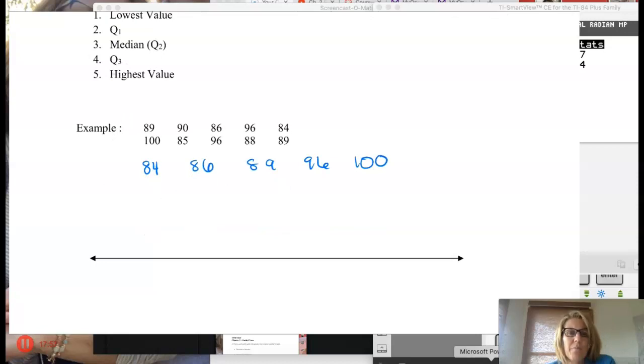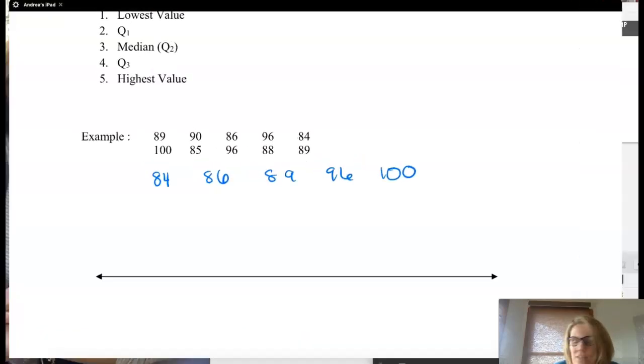So the way we do a box and whisker plot is we have to have a scale. Make sure you have a number line that goes for the range of the data, and I'm just going to start with 80 here, 85, 90, 95, 100. And I'm going to plot these 5 points. So 84 is right here, 86 right here, 89 is right here, 96, and 100.